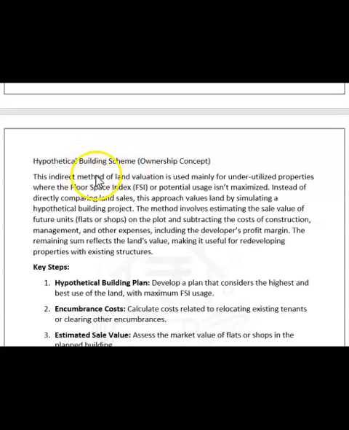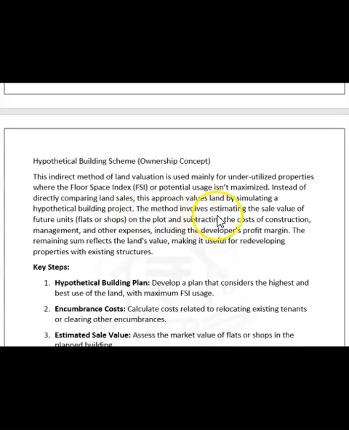Hypothetical building scheme. This indirect method of land valuation is used mainly for underutilized property where the floor space index, FSI, or potential usage is not maximized. Instead of directly comparing land sales, this approach values land by simulating a hypothetical building project.